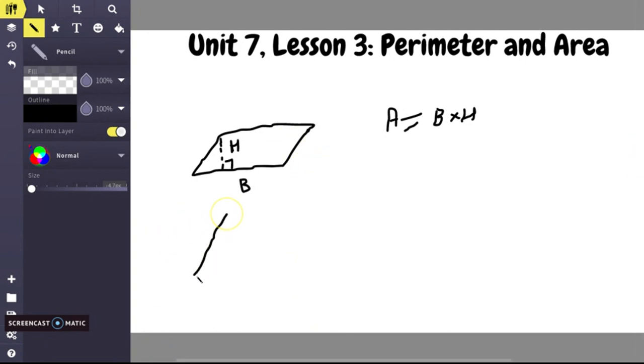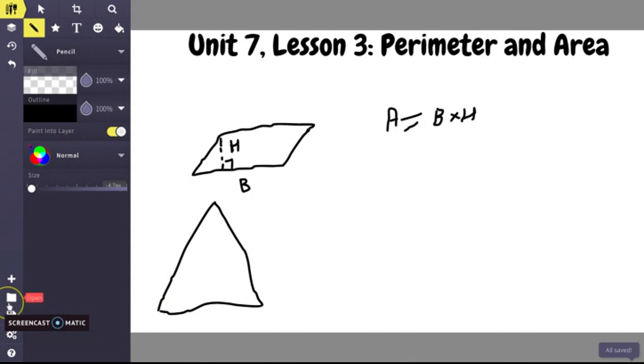Now let's look at a triangle. That's not good. Let me just try this. Okay, that's better. Now, for area of a triangle, we already have talked about that before in a different video, but it's just base times height divided by 2.